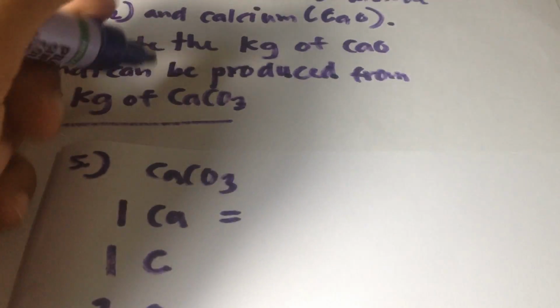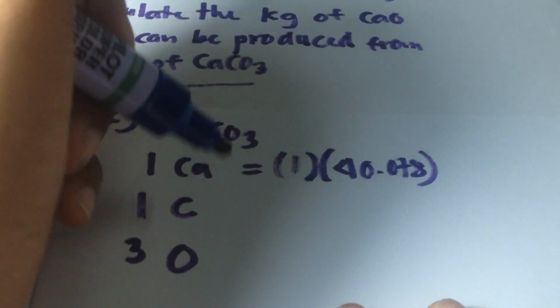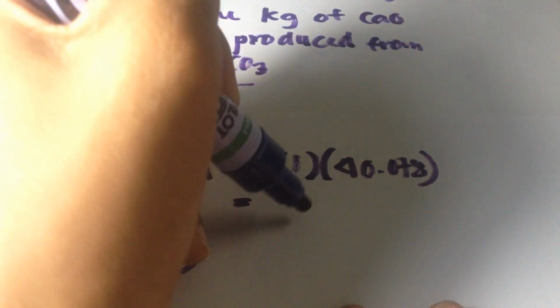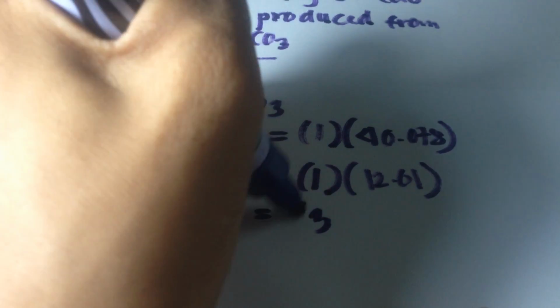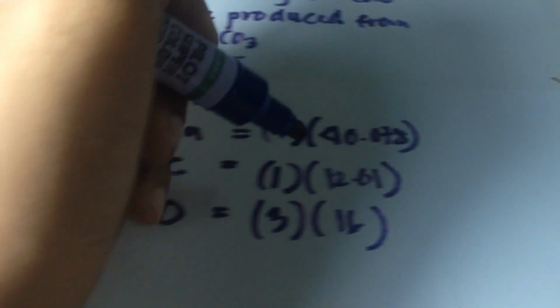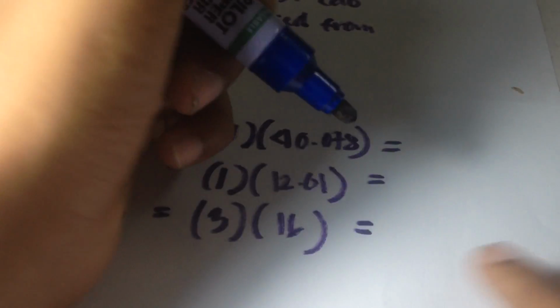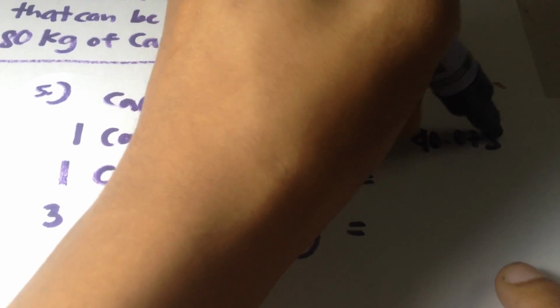So equals 1 times 40.078, 1 times 12.01, and 3 times 16, which is 48.